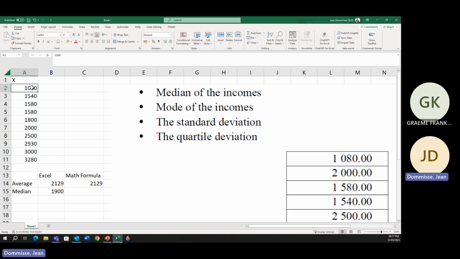To get to the median, we need to find the middle value. There are 1, 2, 3, 4, 5 on this side, and 1, 2, 3, 4, 5 on this side.